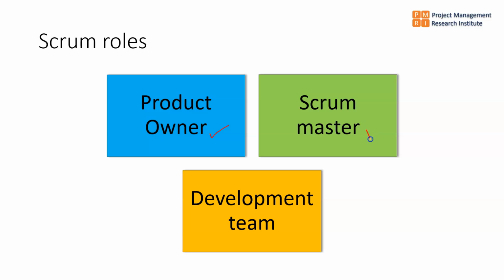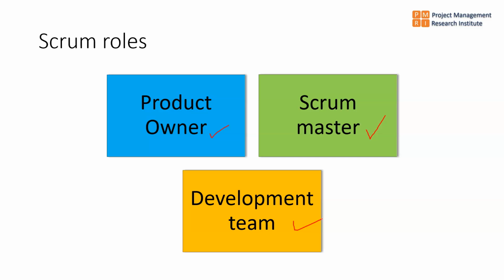The Scrum Master ensures that the project is following the Scrum framework, and he supports the team for issue resolutions and stuff like that. And then we have a development team. So the development team comprises the technical people who are really required to do the project.